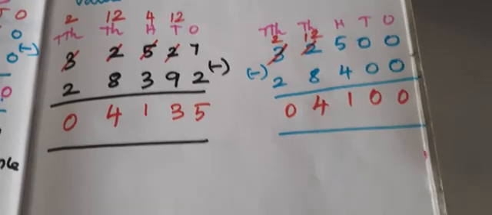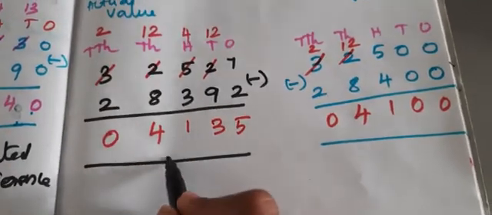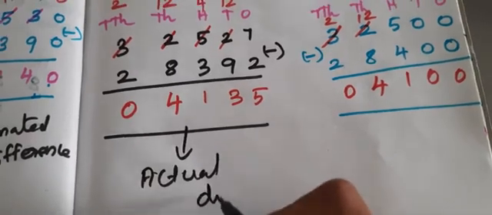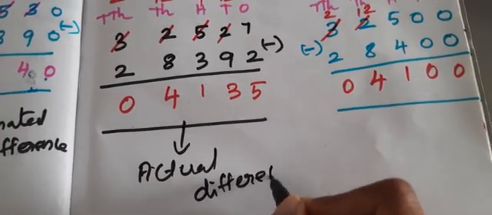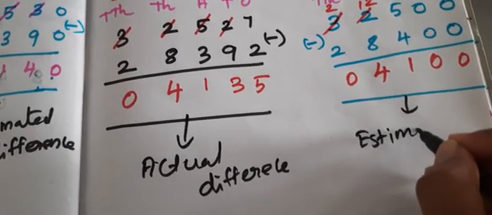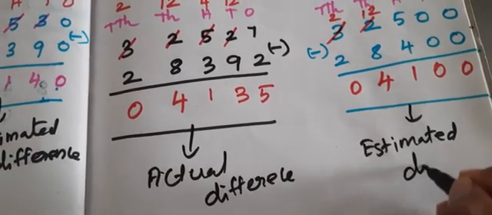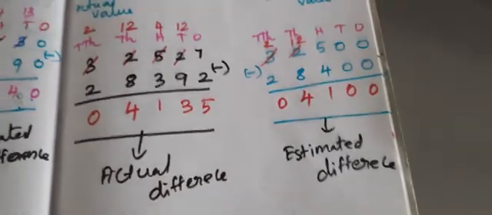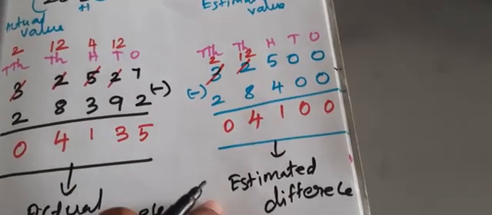Okay. Now listen. Here this one we call it as the actual difference, because it is a subtraction. This one is an estimated difference. Why we call it an estimated difference? Because we used the estimated value. So that's why it is the estimated difference.